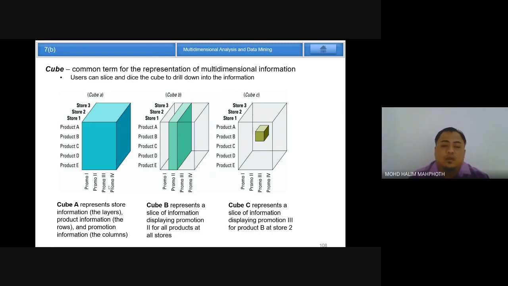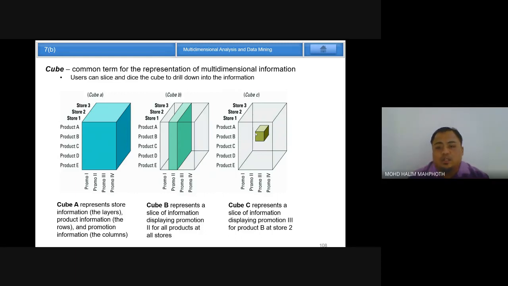Instead of going through the full list of information, from product A to product E, store 1, store 2, store 3, and your number of sales in terms of the type of promotions, you can go to the specific information that you want. Cube A is the whole; for cube B you slice into the information that you request, like looking for the second type of promotion at all stores.